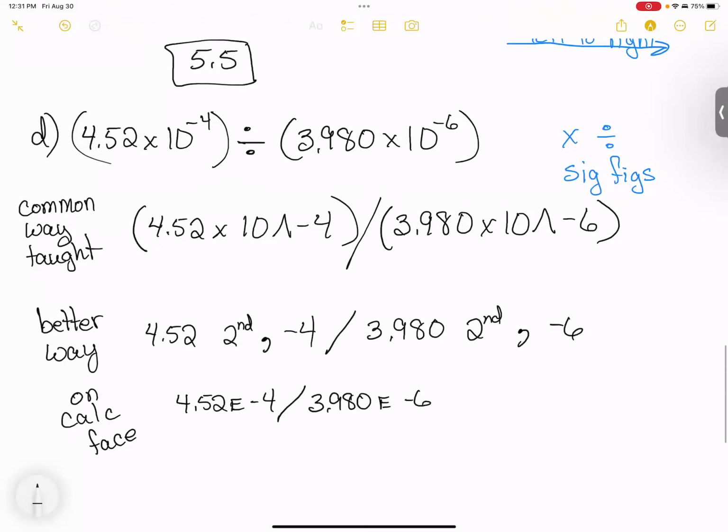When you key this into the calculator, you'll get a value of 113.5678392.